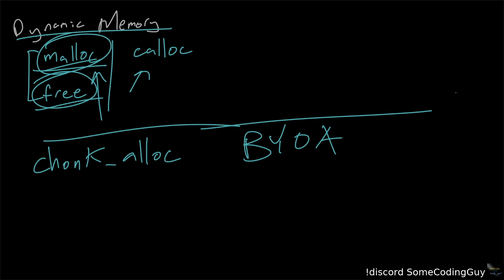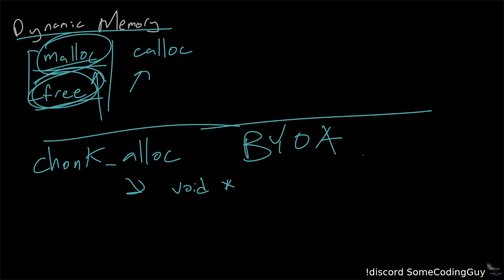And we built an allocator that never gave back memory. So we made free a no-op, and we just said malloc is going to be chonk alloc. And we just kept on dishing out memory. And this is where we started using the void pointer for real, because now we don't know the semantics of the memory. That's kind of up to the programmer.